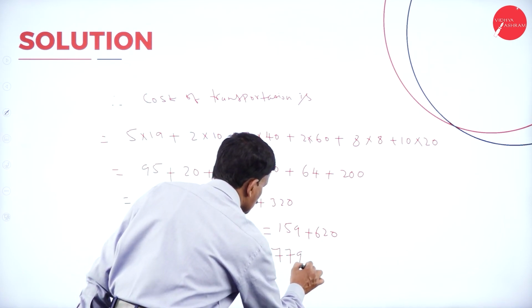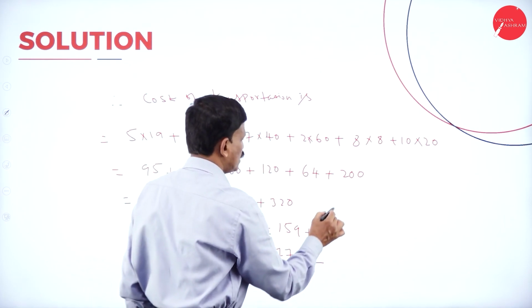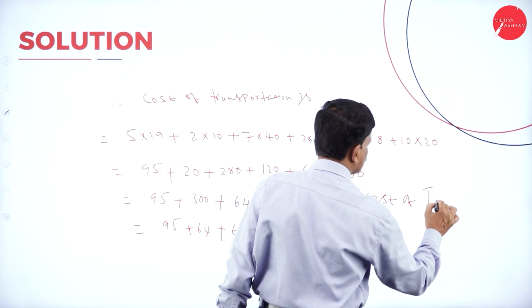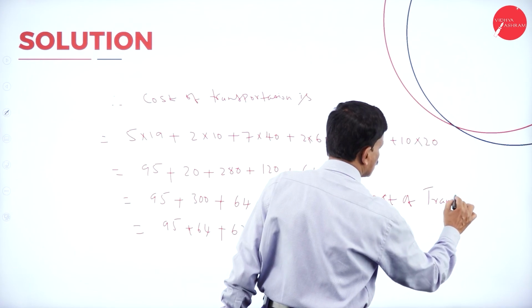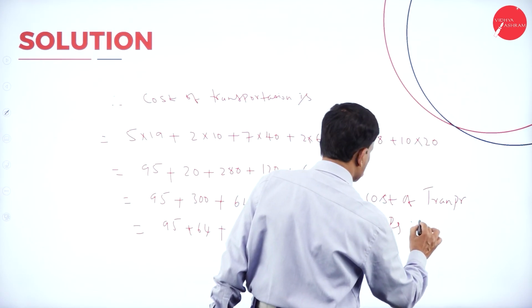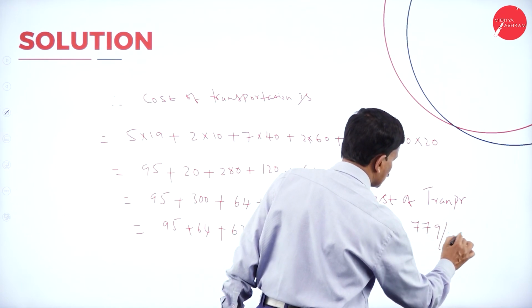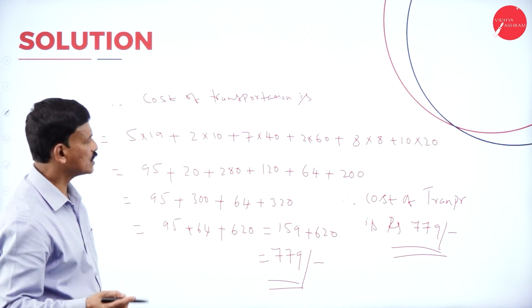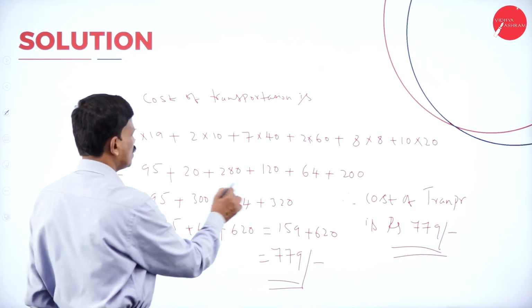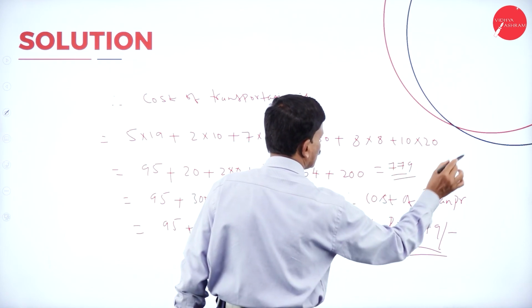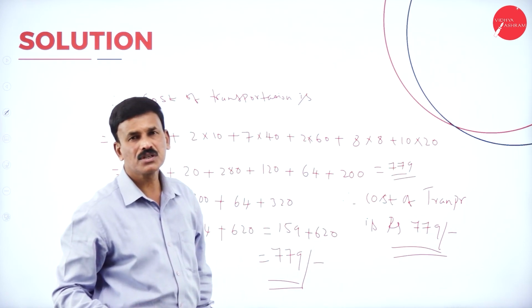Exact answer, 779. So therefore the cost of transportation is 779 rupees. Exactly, you will get the answer. That's it. Straight away you can put this is equal to 779. That's all regarding this problem.